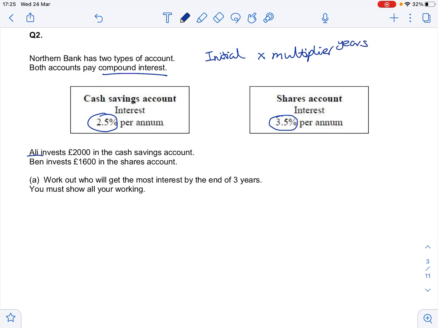So firstly, we're going to look at Ali. Ali invests 2,000, so Ali's initial amount is 2,000.